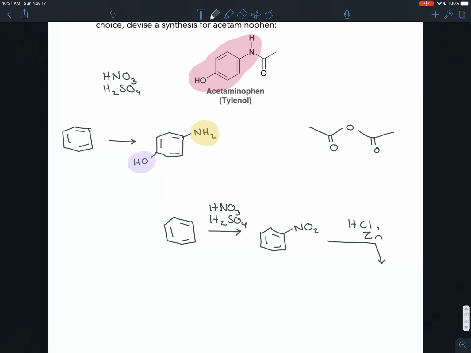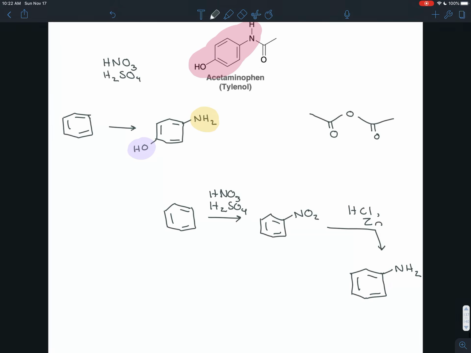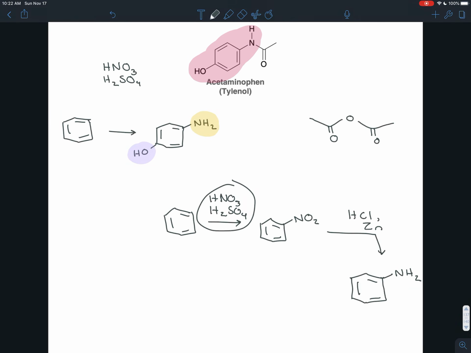That was that special recipe, that side recipe that we learned in that previous chapter. So that will reduce that to aniline in this case. Well, that looks much more like what we want. So we can see a series of steps that would put the NH2 onto the ring. So much for the NH2.